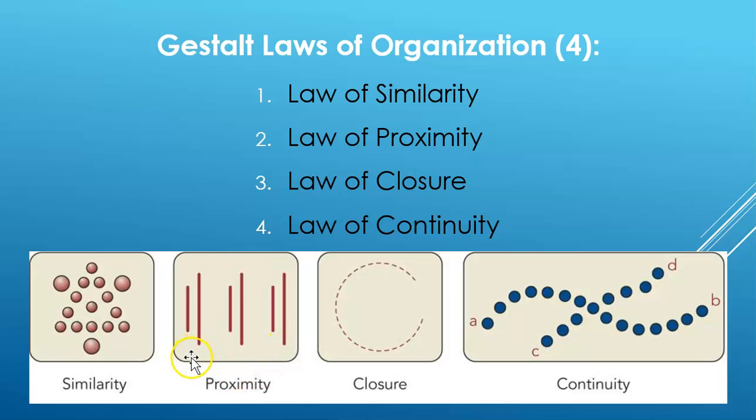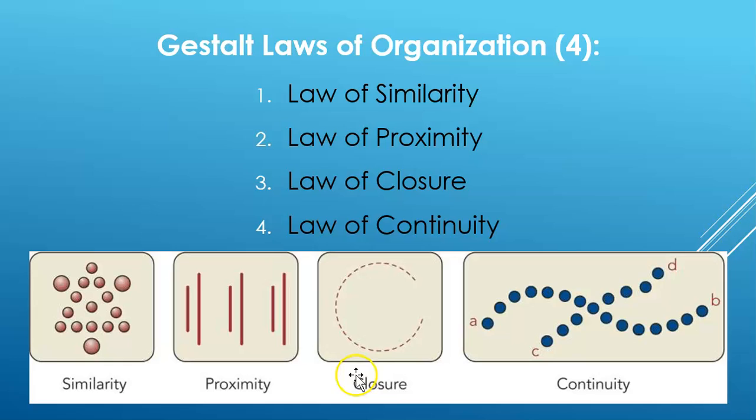So here we're using the law of proximity, seeing three sets of two, a short and a long line, whereas the law of similarity would say you have two sets of three, where there are three long and three short. So that's the difference between proximity and similarity.